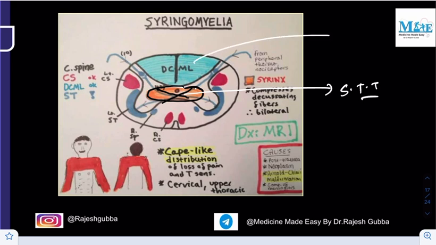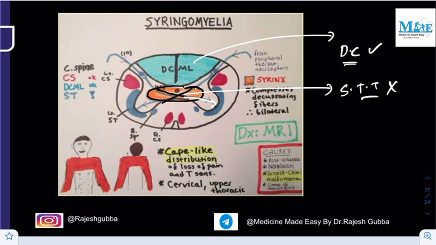Whereas the dorsal columns remain intact. And as the severity of the syringomyelia progresses, it can also cause compression on the corticospinal tract. So there will be loss of spinothalamic tract sensations, but the dorsal column sensations remain intact.